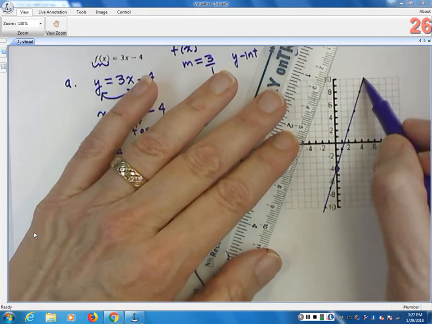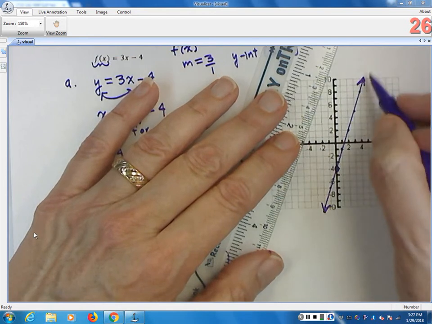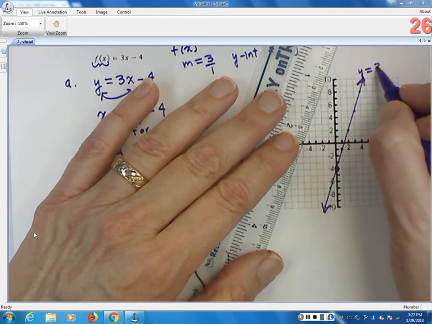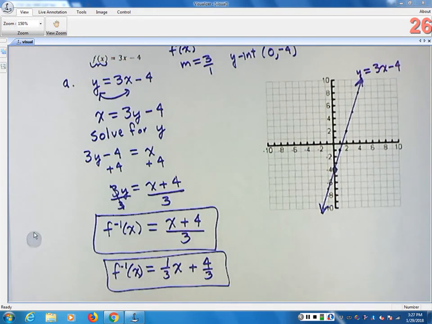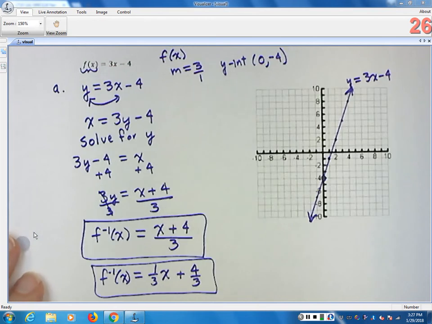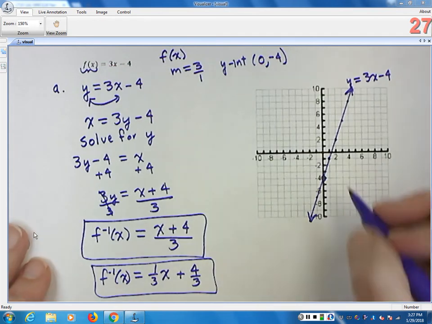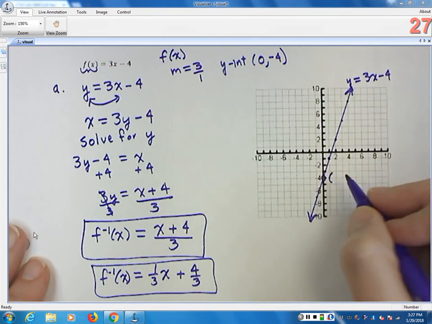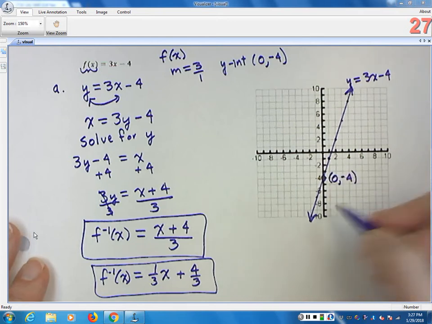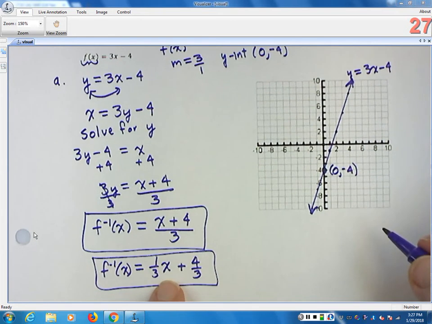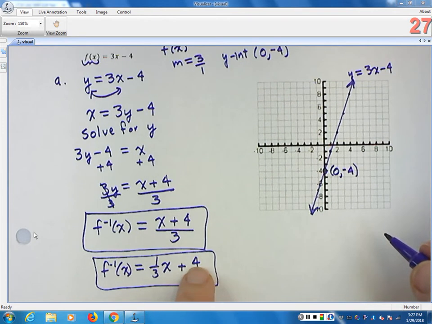Here we go. Or f of x equals what? 3x minus 4. Okay, so now to graph the inverse function, the easiest way is to identify some points here. 0, minus 4, and it's going to be a straight line. It's going to be harder to start at 4/3 and go up 1 over 3 because it's not on a whole number.